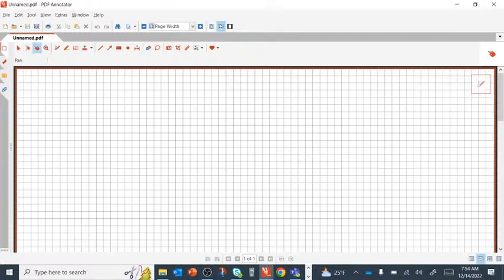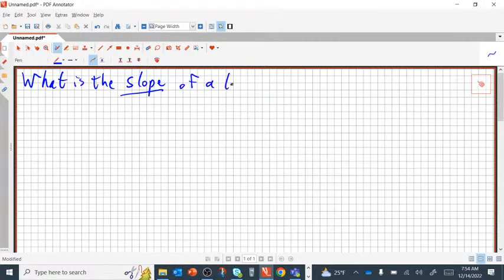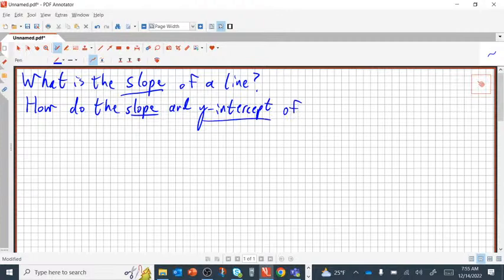So the questions are, what is the slope of a line? And then how do the slope and y-intercept of a line connect an equation to its graph.